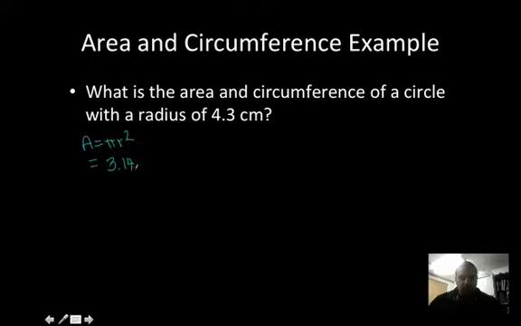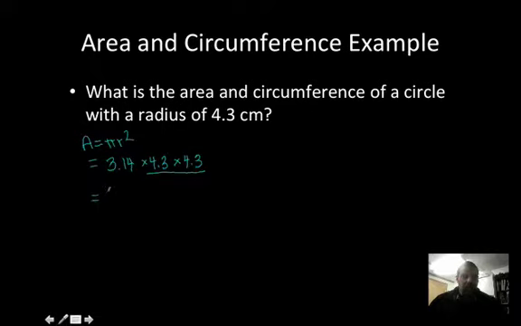If I want to put in the numbers instead of pi, I've got 3.14 multiplied by the radius, which is 4.3, and to show that it's radius squared, I'm going to multiply by the radius again. This part of the equation is the radius squared, 4.3 times 4.3.